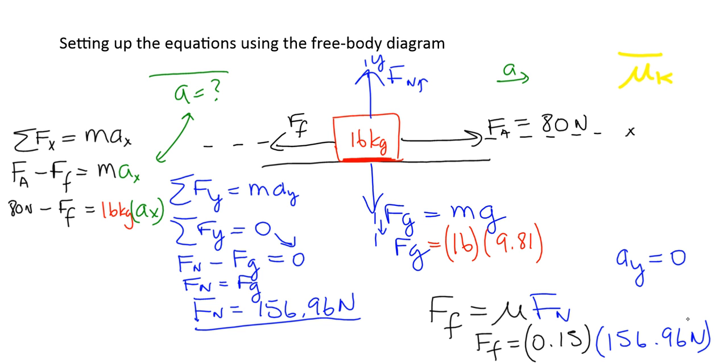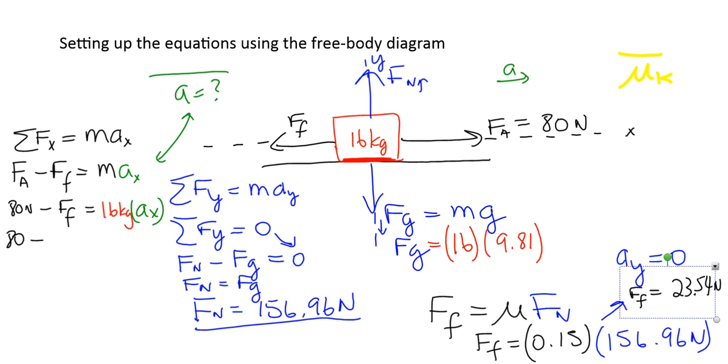So again, we're going to take it to the calculator here and say that our Fn times the mu, so 0.15 times 156.96, is equal to 23.54 newtons. So now I'm going to take that and substitute that in for the Ff here, since now we know the value of Ff.